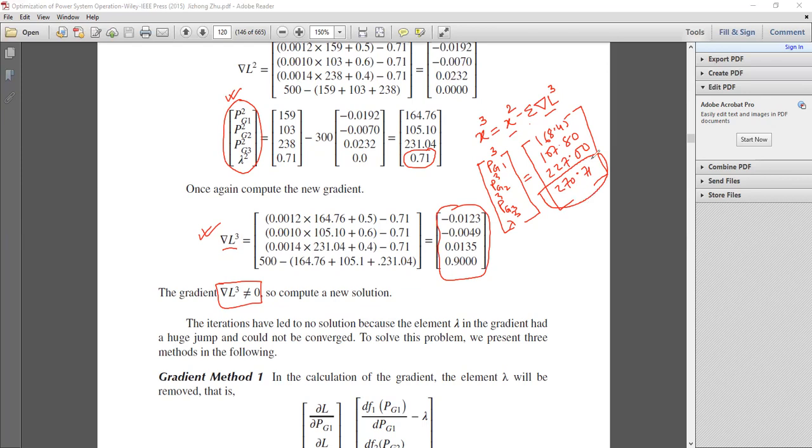Now, if you don't believe it, then you have to continue your iterative process. Considering this is your x3, you have to calculate del L4 using the same step. Already it is diverging, as the book said, because you can clearly see the lambda value has a big jump here.